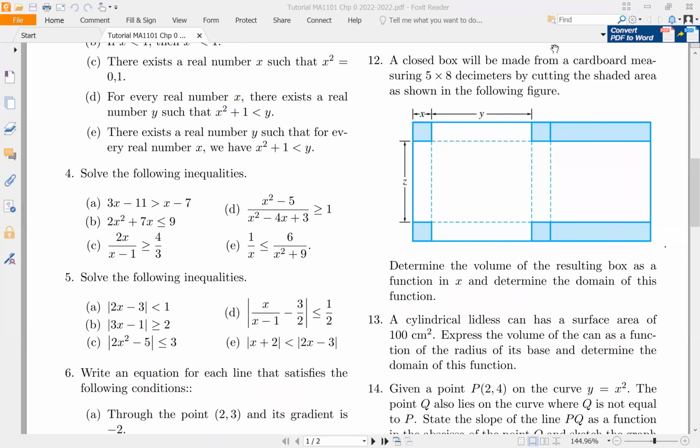Okay, so let us continue the discussion about the tutorial problem. Now start with the inequality 5c.